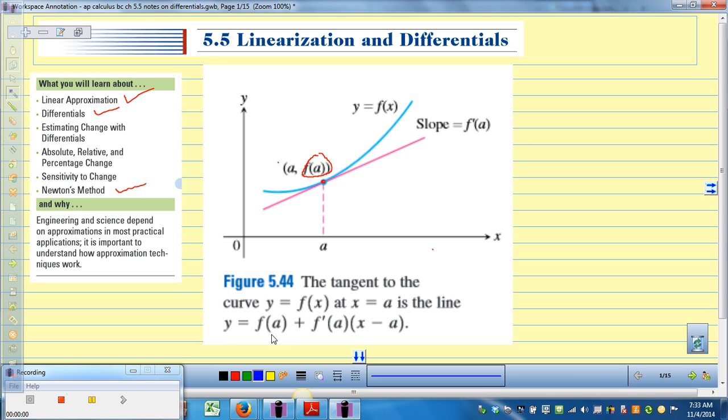Point slope. It's exactly what we've been doing to write our equations of lines. Y minus y1 equals m times x minus x1. And all I've done is solve for the y. This is our f of a.